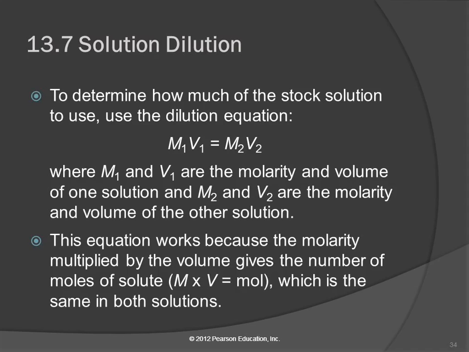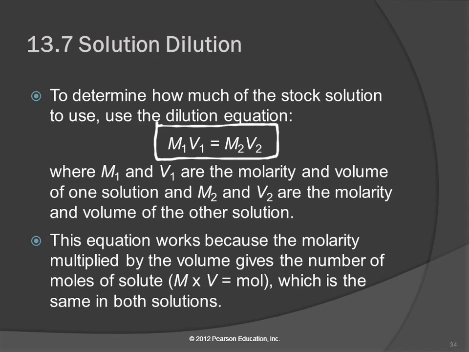And there's a relationship between the concentrations and the volumes of the dilute solution and the concentrated solution. And that is this dilution equation, which looks a lot like Boyle's law, doesn't it? Boyle's law was P1V1. This is M1V1.